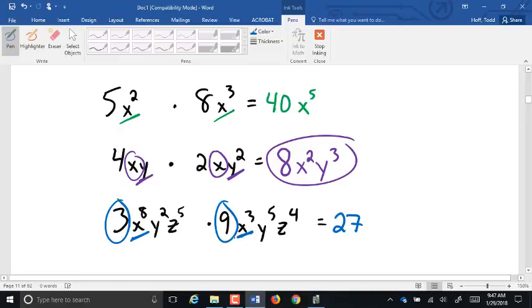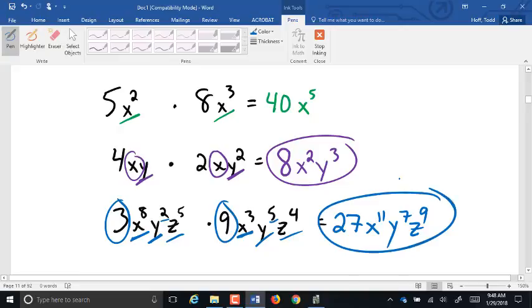X to the 8th times x to the 3rd, x to the 11th. 8 plus 3 is 11. Y squared times y to the 5th, 2 plus 5 is 7. Y to the 7th. And then z to the 9th. Good. 5 plus 4 is 9.